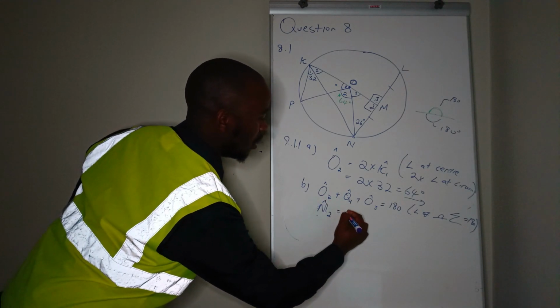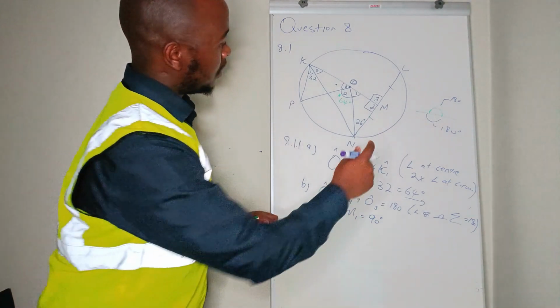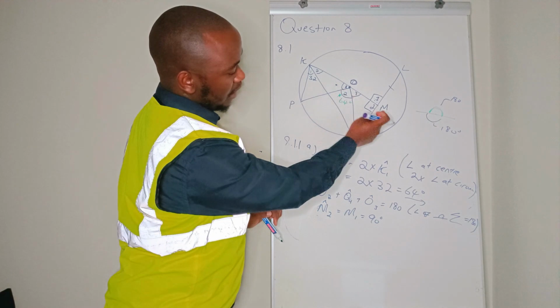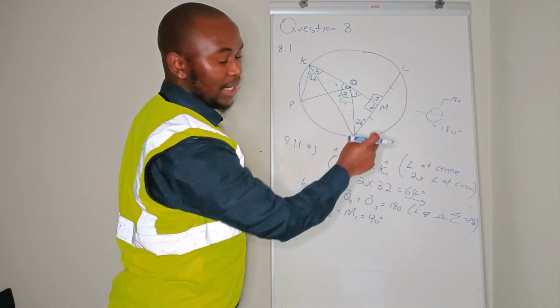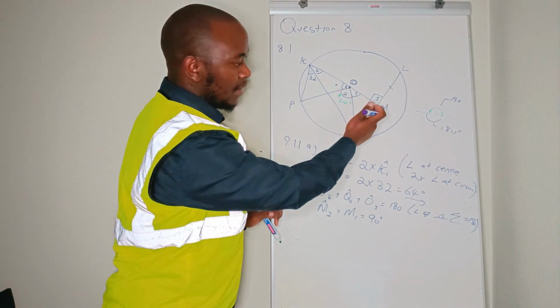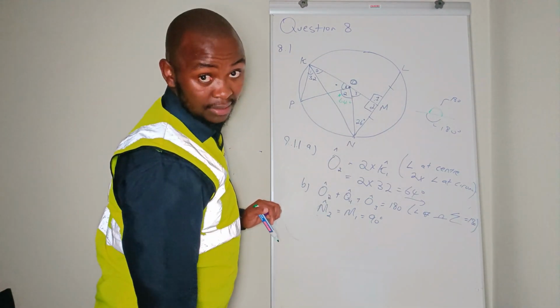M2 is equal to M1 equals 90 degrees. Reason? So this line cuts here and we're seeing that these two are being bisected, which means that since this is a line from the center, it definitely cuts that line at a perpendicular angle.